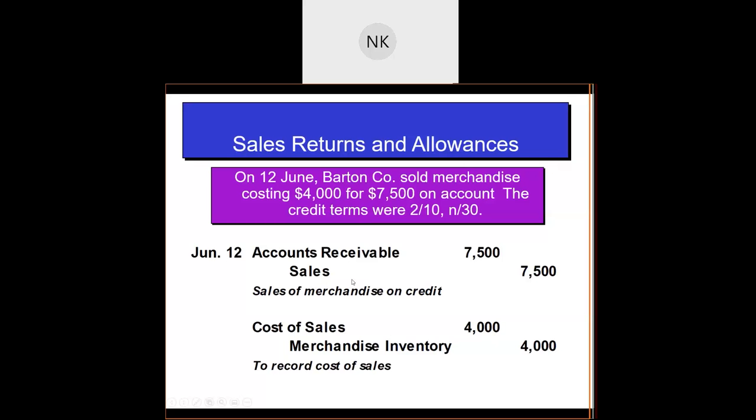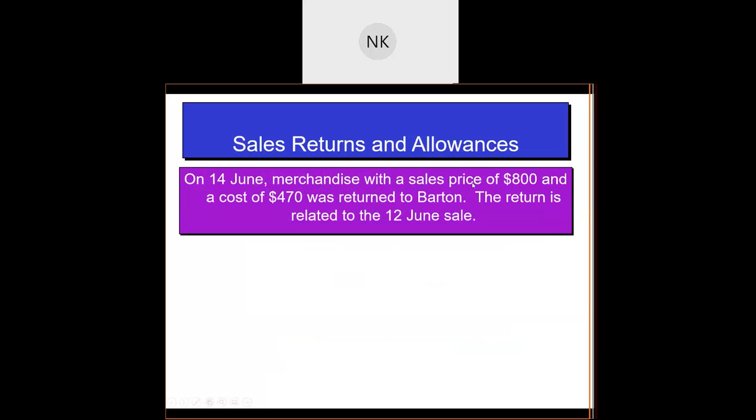Now, let's say this customer returns 800, the amount of inventory that was sold at the price of 800. Like just now, the amount of discount was reduced from the amount of sales that we made earlier. Same here. You have to reduce the amount of the return from the sales that we did earlier.